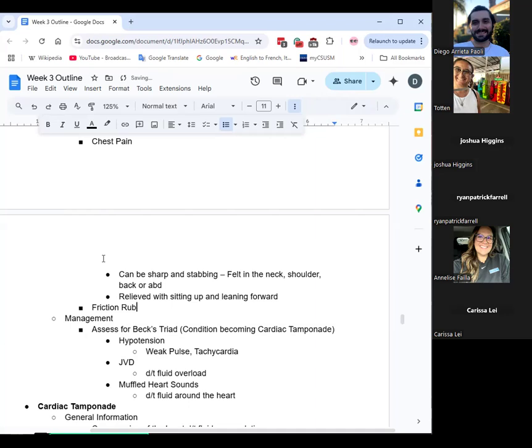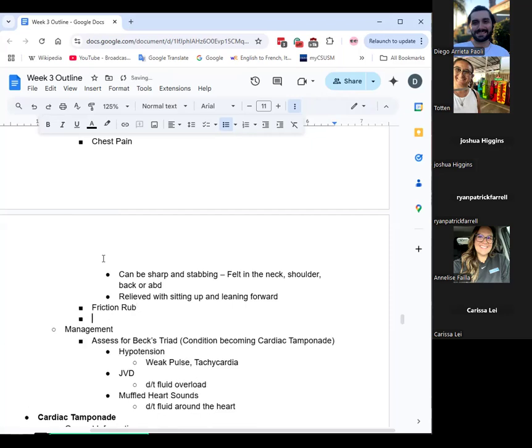If you really want to hear that friction rub, you can put your stethoscope in that area and tell them to hold their breath so that the breathing doesn't get in the way of your listening, because the friction rub will happen whether they breathe or not. It's happening due to the inflamed pericardium rubbing against the heart. And with that friction rub, you also have muffled or distant heart sounds.